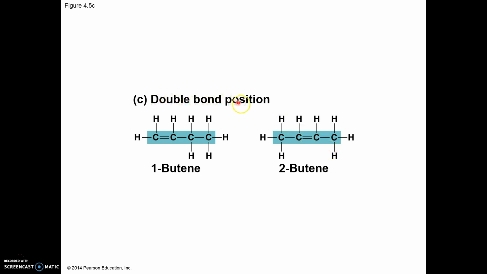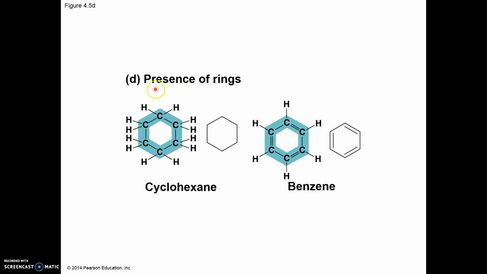In addition, we can also form rings, right? So we can take carbons and link them around in a hexagon type shape. This is called cyclohexane. We can also do this with double bonds present. So here's something that we call benzene, which has 3 double bonds present. This has some unique characteristics.